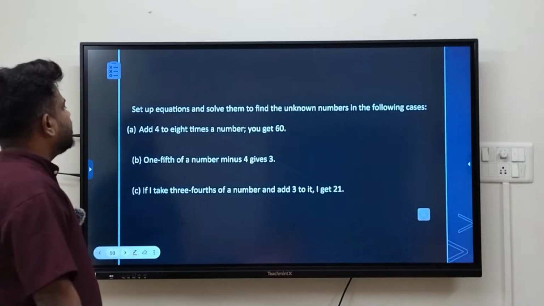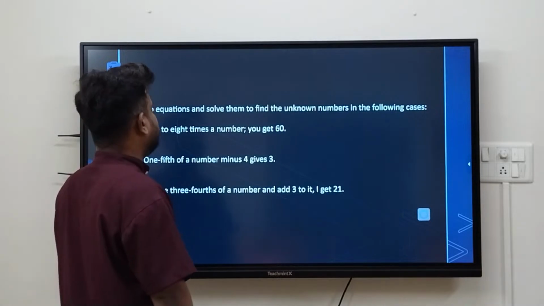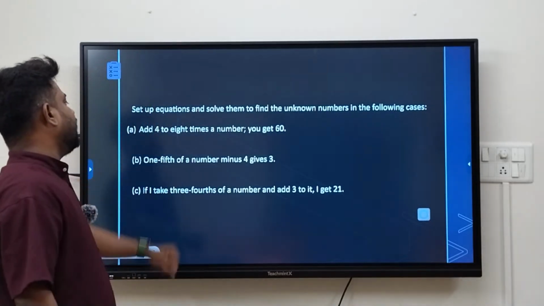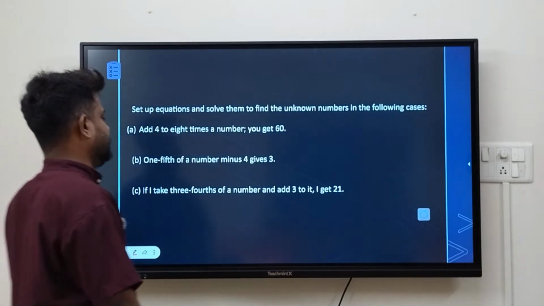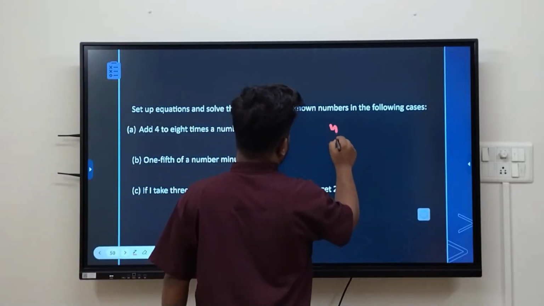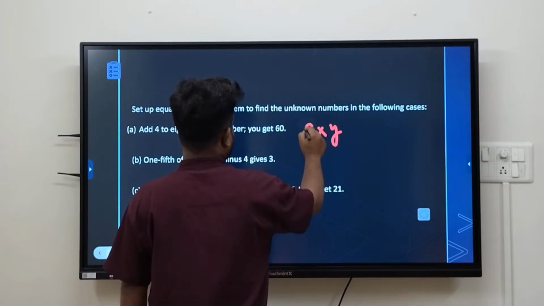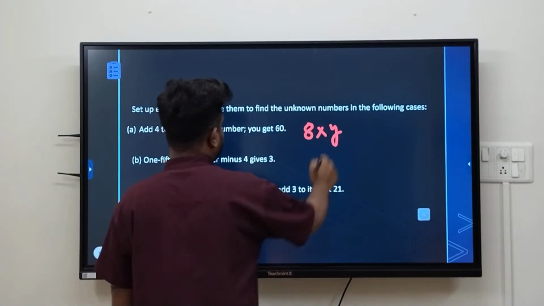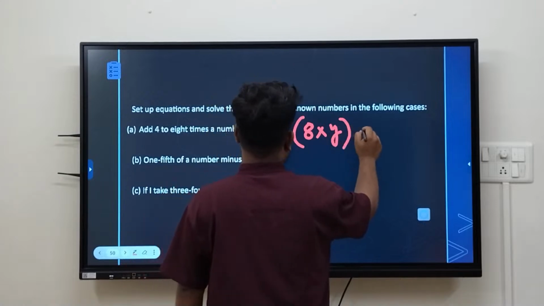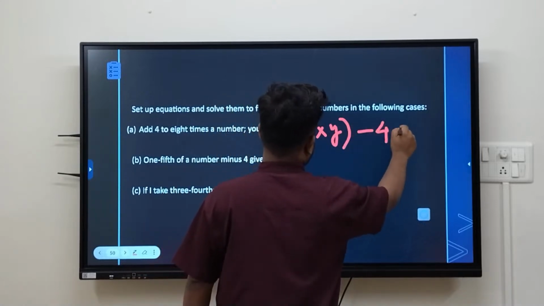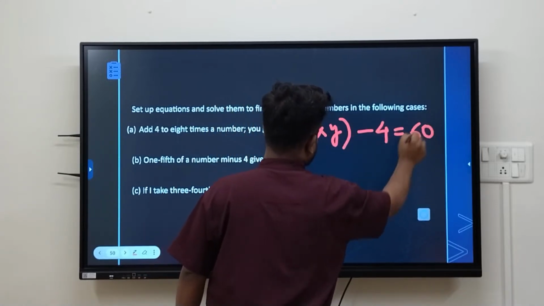Okay, set up equations and solve them to find the unknown numbers in the following cases. Add 4 to 8 times a number, you get 60. Let that number be y, and 8 times the number will be 8 into y, and adding 4 to get 60 will be like this.